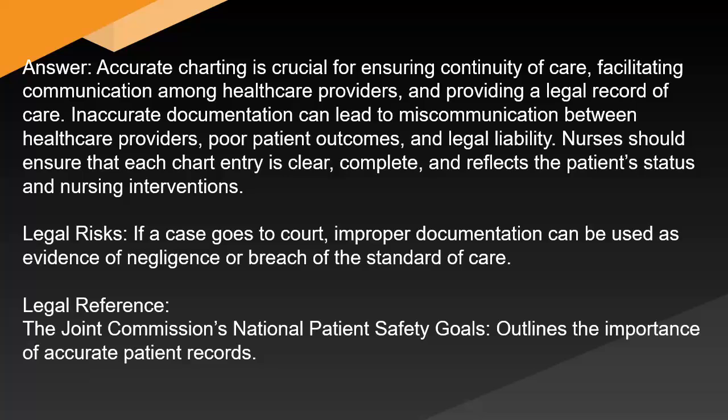Nurses should ensure that each chart entry is clear, complete, and reflects the patient's status and nursing interventions. Legal risks: if a case goes to court, improper documentation can be used as evidence of negligence or breach of the standard of care. Legal reference: the Joint Commission's National Patient Safety Goals outlines the importance of accurate patient records.